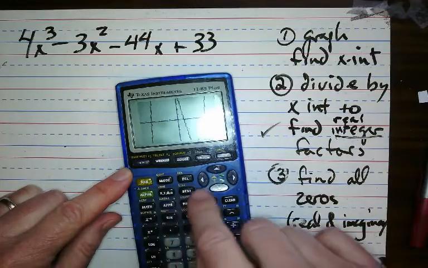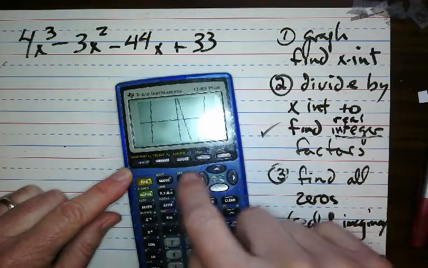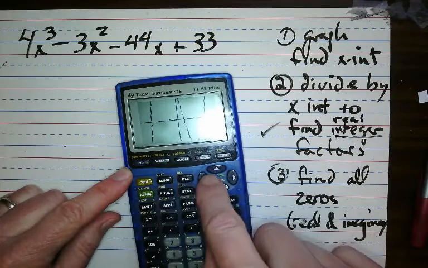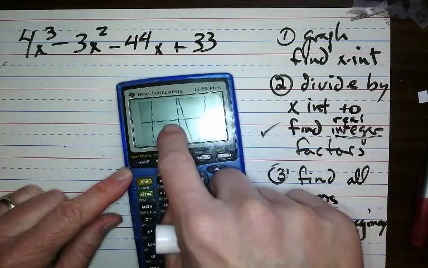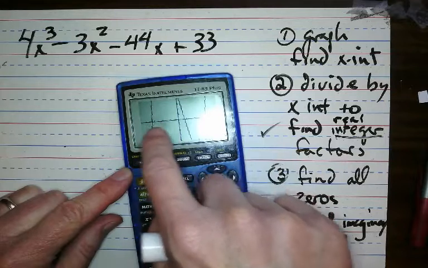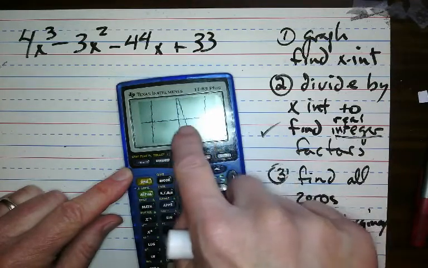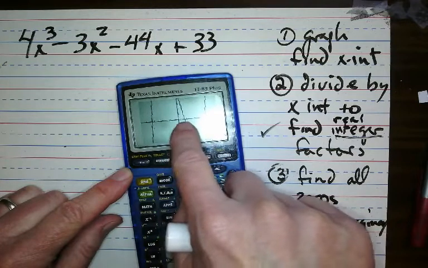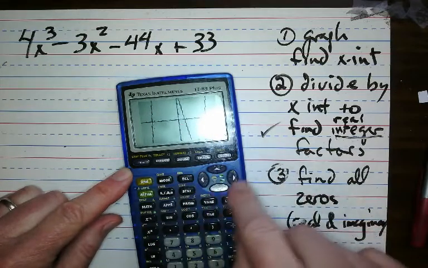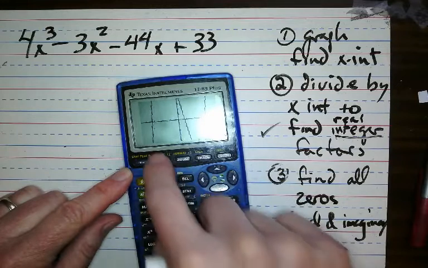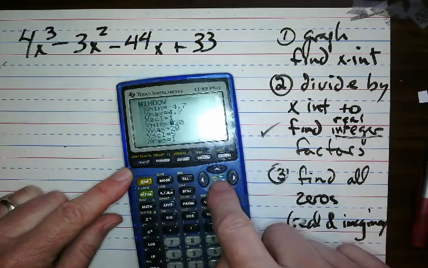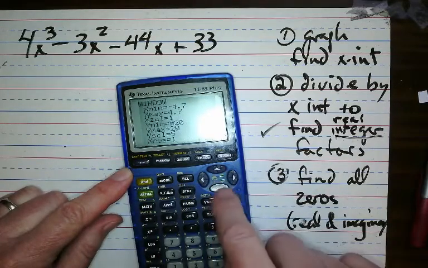Okay, so we can't see everything, so I think I'll move it up. I can see the x-intercepts. One is between negative 3 and negative 4, one between 3 and 4, and one between 0 and 1. I wanted to change the window so I could see the top.